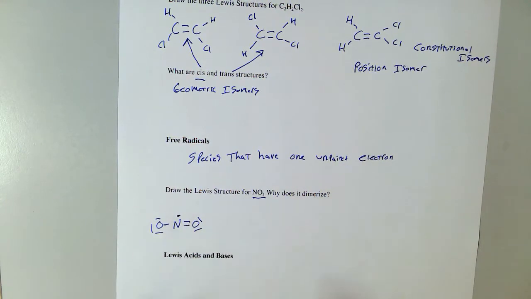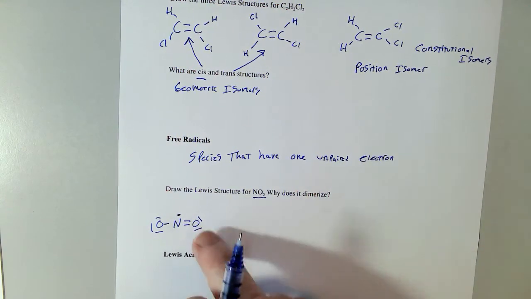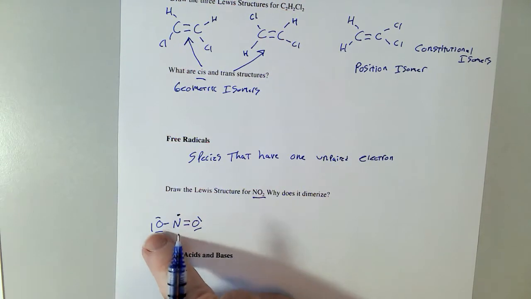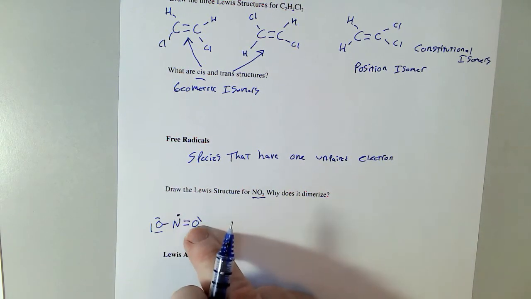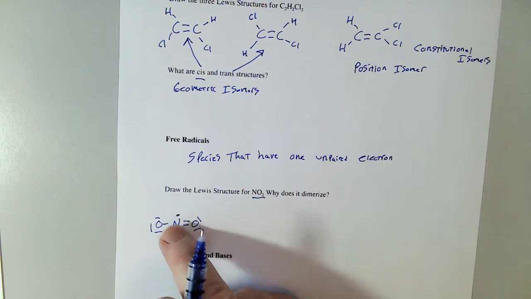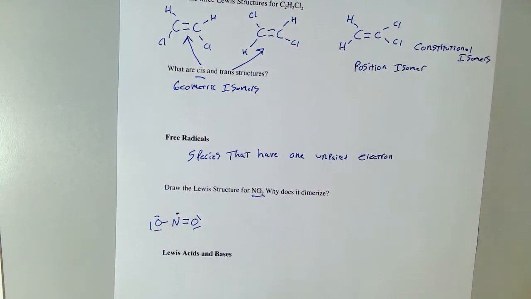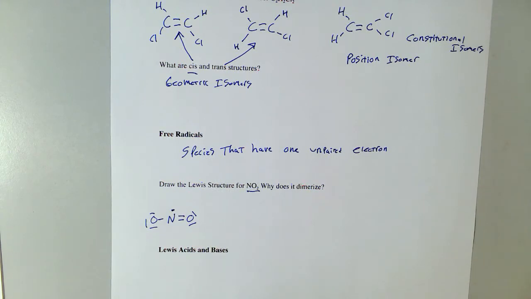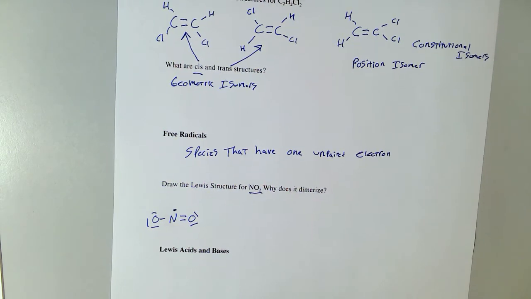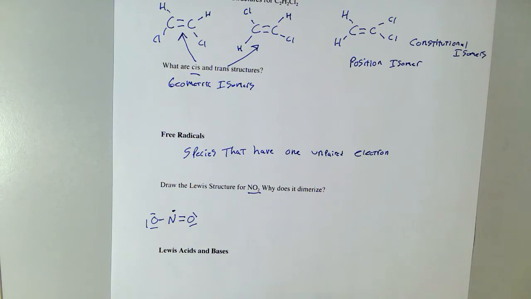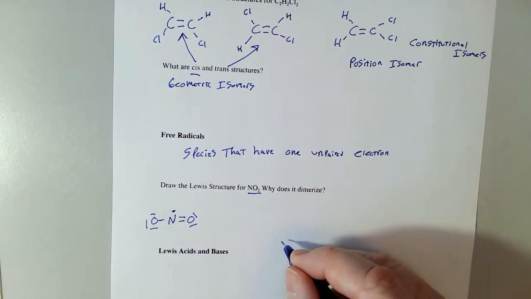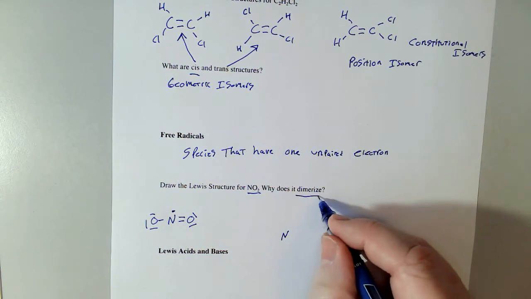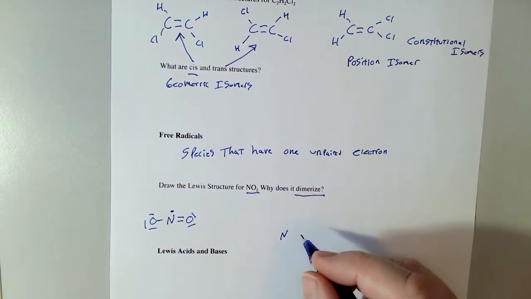6 plus 6 plus 5. Okay, that's 17. 2, 4, 6, 8, 10, 12, 14, 16. And there's 17. Okay? Now, there's nothing you can do to get them all paired because there's an odd number of electrons there. But what tends to happen is called dimerization, di-mer.